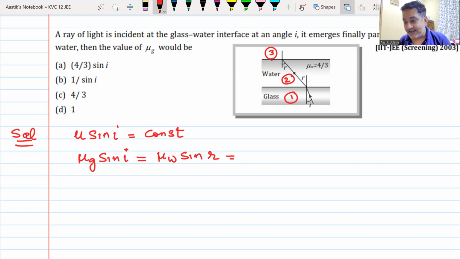So mu G into sin I will be equal to mu W into sin R. That will be equal to a constant. Mu G into sin I, number 1, is equal to mu water into sin R, number 2. That will be equal to what?